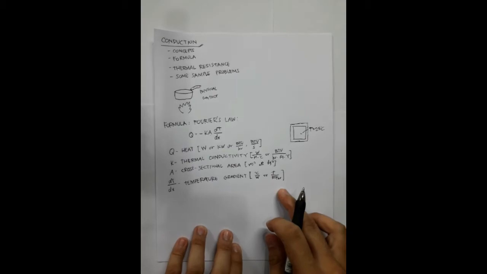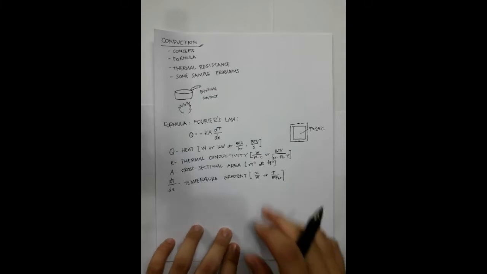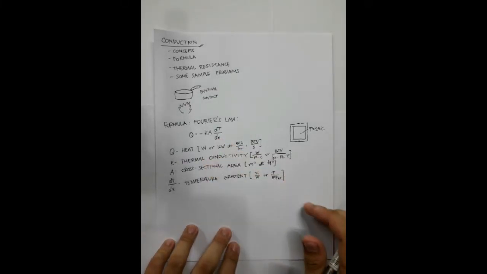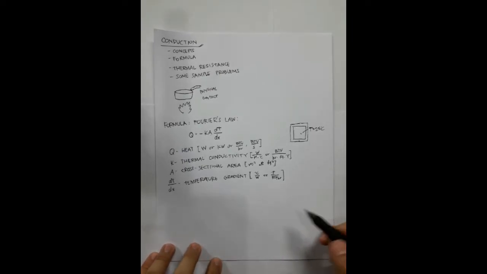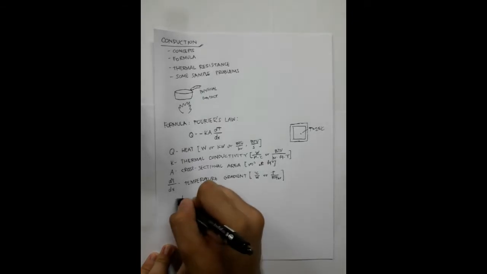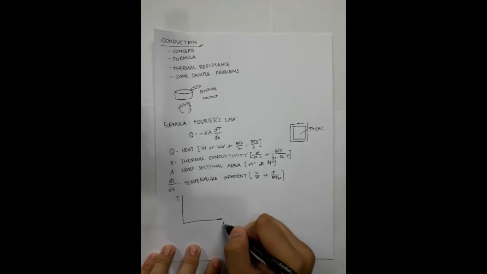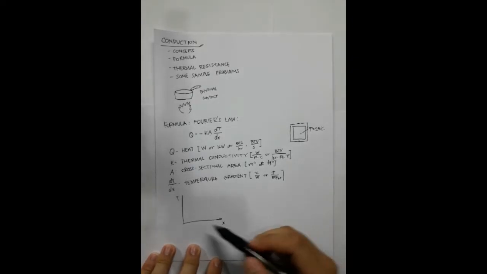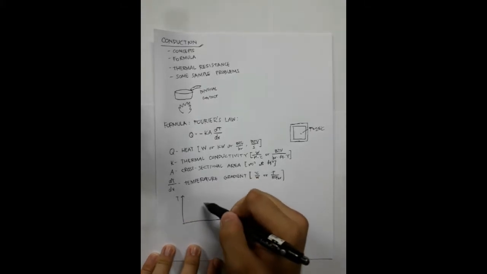So, ang temperature gradient is the slope of the temperature curve in the T-x diagram. So, makikita kasi natin yung formula ng Fourier's law gamit yung T-x diagram. So, ano ba yung T-x diagram? Yun yung temperature saka thickness or length diagram. So, for example, ito yung T-x diagram natin.